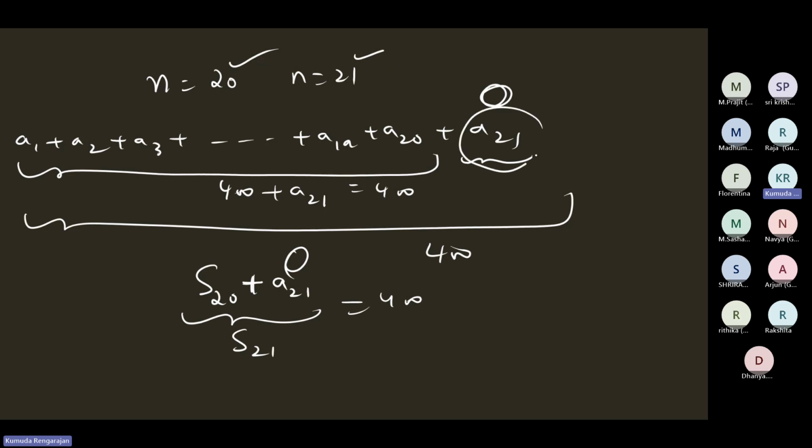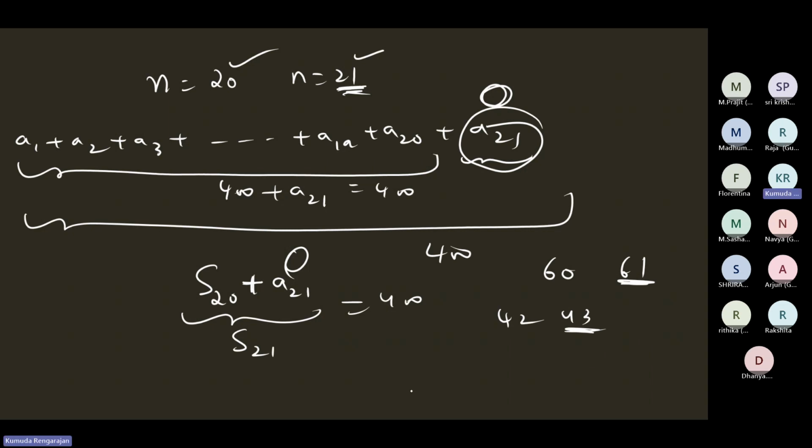That's because the 21st term is 0. So when the two values of n are consecutive numbers, like 20 and 21, then the greater one, A21, is 0. If you get 60 and 61, the 61st term is 0. If you get the answers as 42 and 43, the 43rd term is 0.